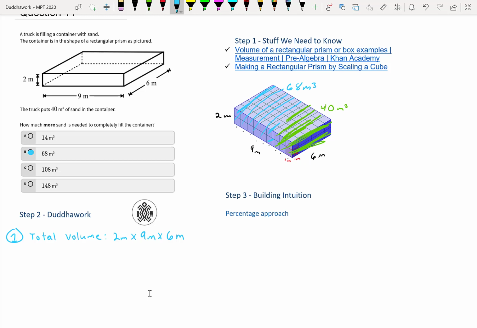Let's call this VT. That's equal to 9 times 6, which is 54, and then times 2, so that's 108. And then meters times meters times meters, we add the exponents, so that becomes meters cubed.